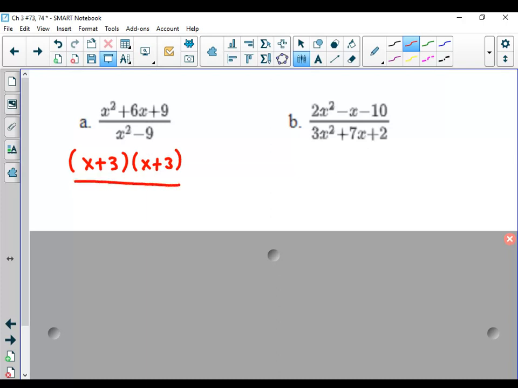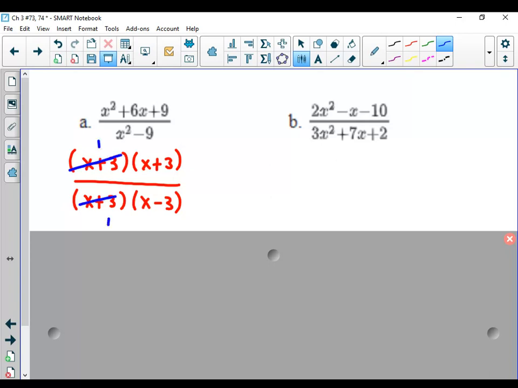What can I factor the denominator into? Yeah, we've got a difference in squares, so x plus 3 and x minus 3. Now, just factoring it doesn't guarantee me I can cancel anything, but sometimes I can. What can I do in a canceling now? Yeah, I've got some x plus 3's here and here.